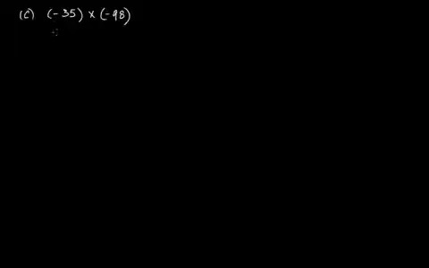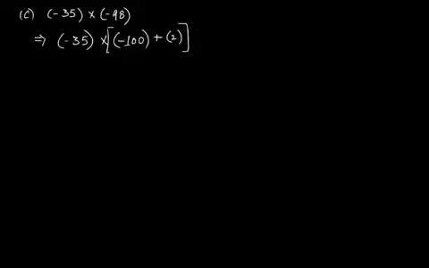Now let's solve this. So this will be minus 35 times minus 98. Since this is minus 98, you will do minus 100 plus 2. And why are we doing this minus 100 plus 2?